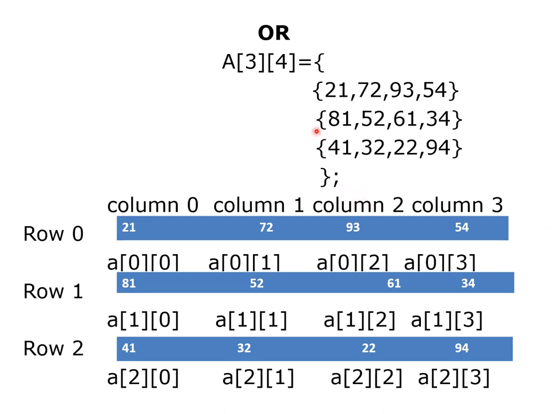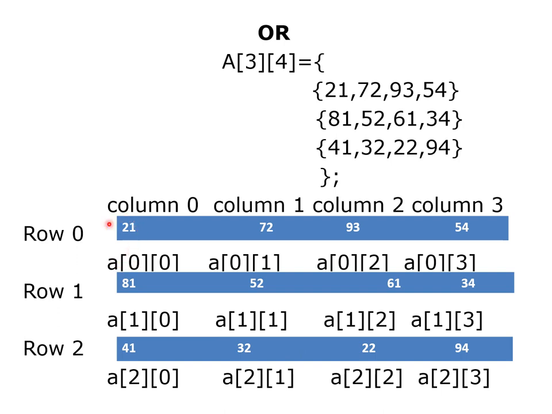And this is another form of initializing two-dimensional arrays. Array name a, row size 3 and column size 4. Like this also we can represent the initialization of arrays. Here we can see the initialization of arrays: row 0, row 1, row 2, column 0, column 1, column 2, column 3.